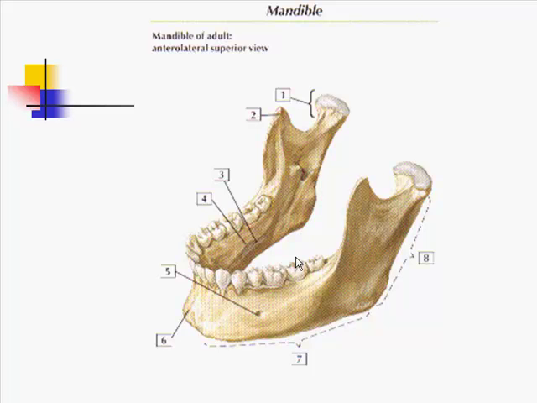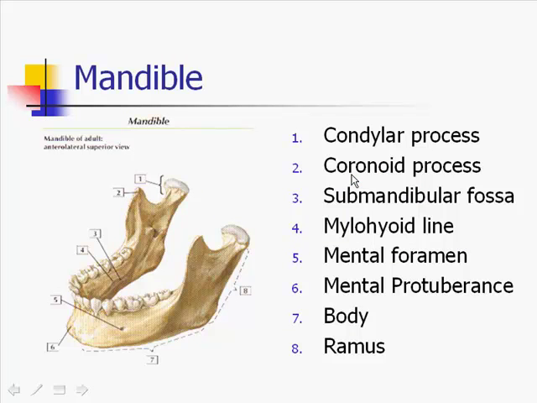Okay, if you take a look here, it gets a little confusing with 3 and 4 at exactly what they're looking for. But here's the lingula, here's the mandibular foramen, the mandibular canal. If you said this is the condyle, you're correct.